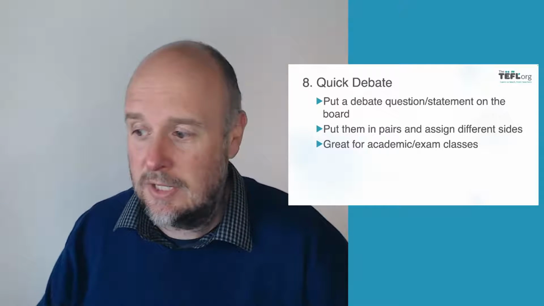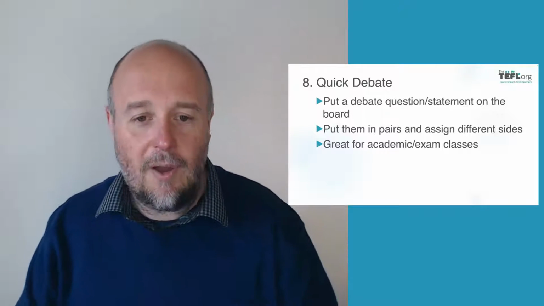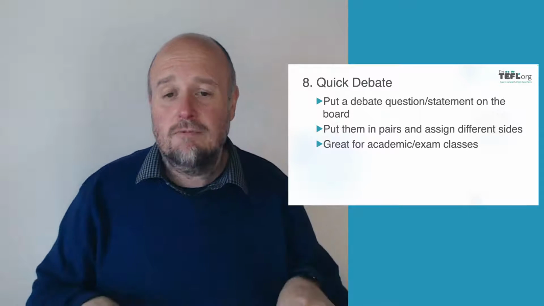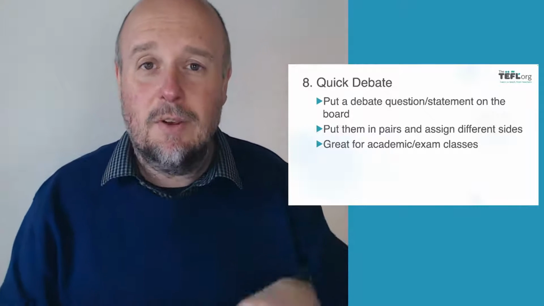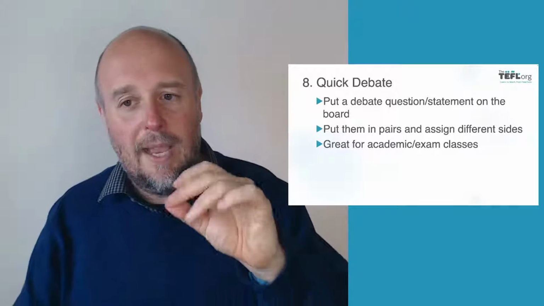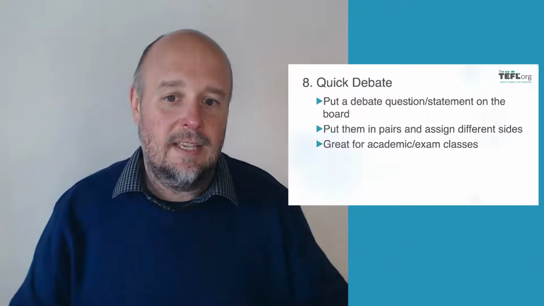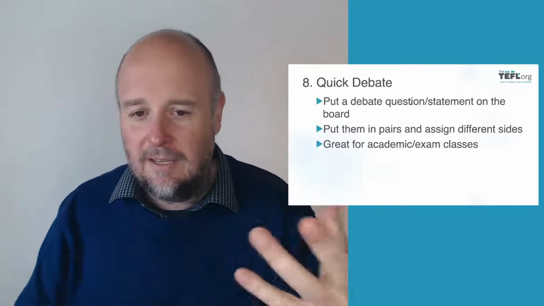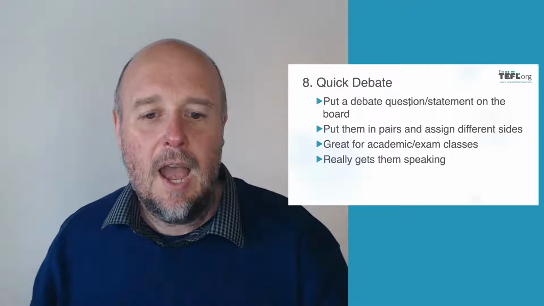It can also be done in fours. This is really, really good for academic English classes, really, really good for exam classes, because it sort of mirrors some things they might have to do in their university course or inside the IELTS exam, for example, or Trinity, Cambridge, wherever it might be.